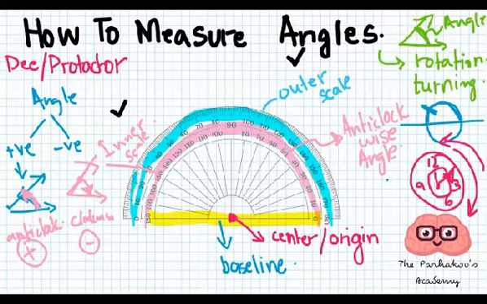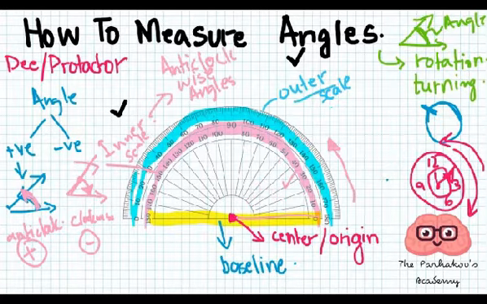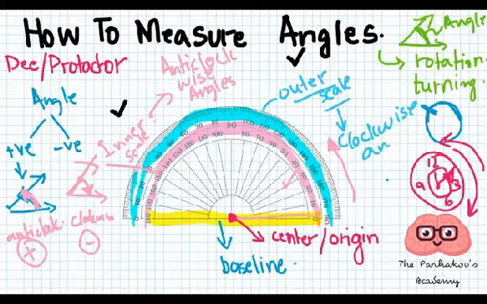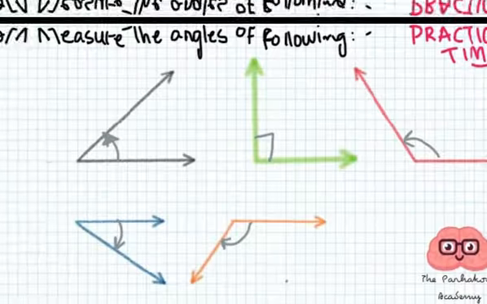Okay, for example, from this base, if the angle is, for example, 50, so this is the anti-clockwise, that means going against, and for that I'll be using this inner scale or inside scale. Outer scale is used for measuring the clockwise angles. So now I hope that is clear.